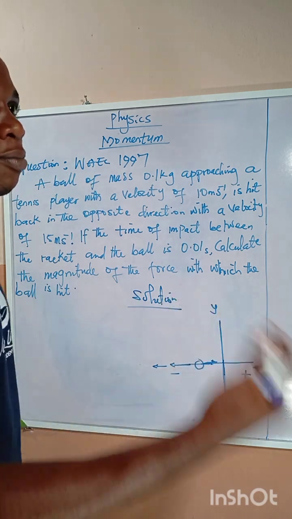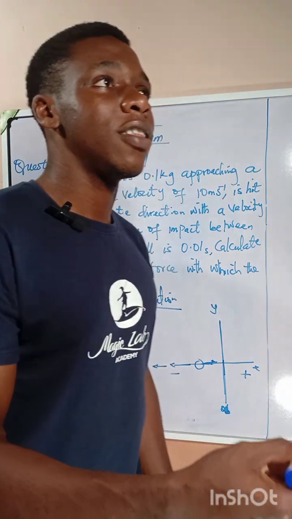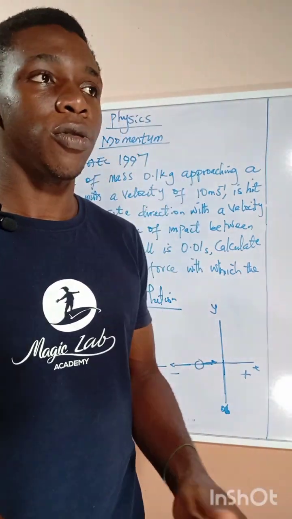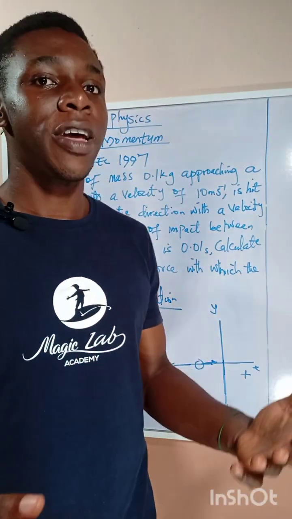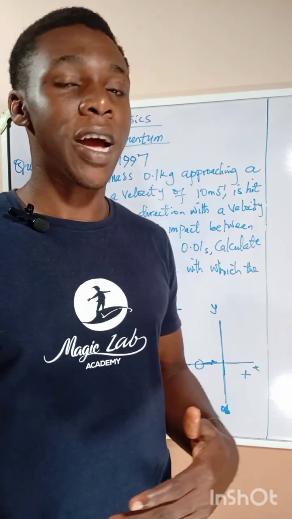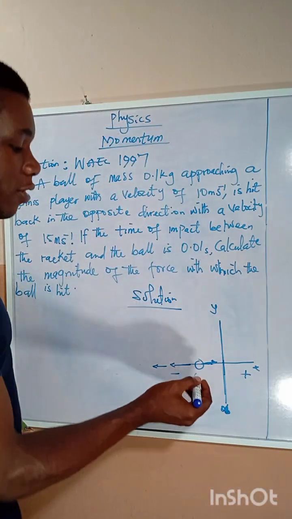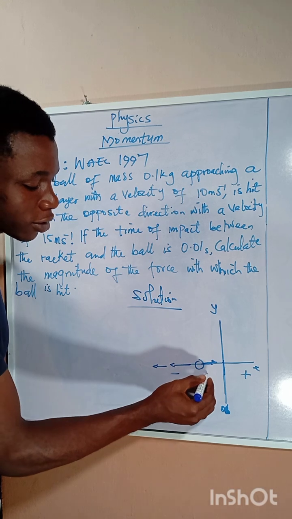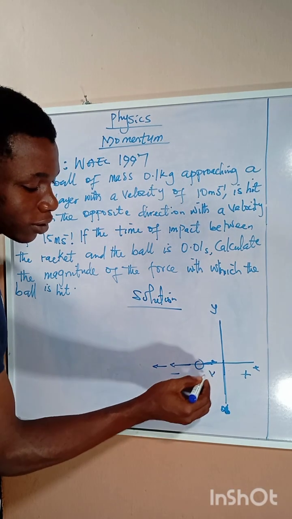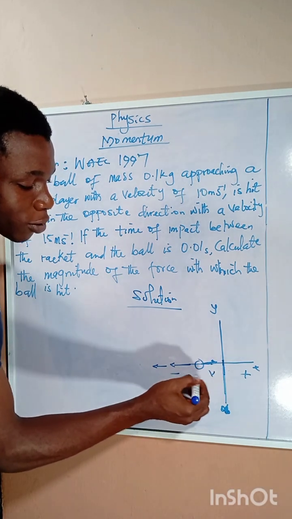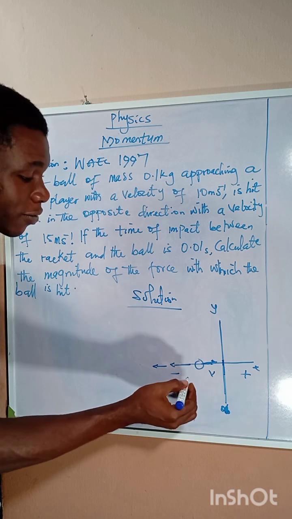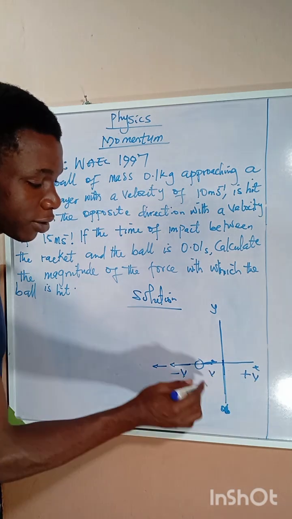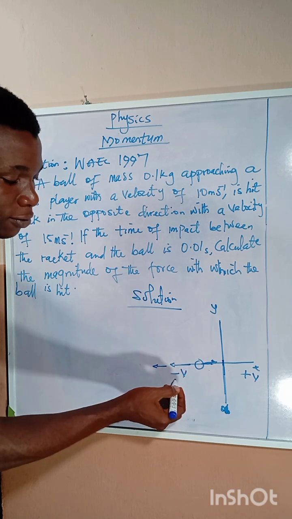And this moves me on to explain the third law of motion, which states that to every action there's an equal and opposite reaction. So if this ball had a velocity v, once it hit this obstacle and travels in the opposite direction, since velocity is a vector, it becomes negative v, positive v, negative v.